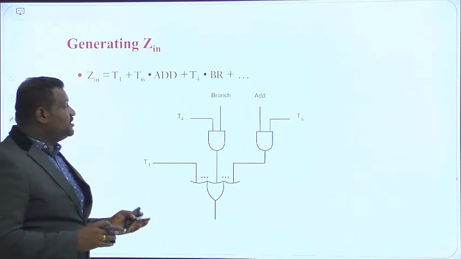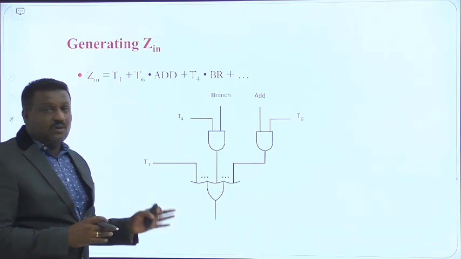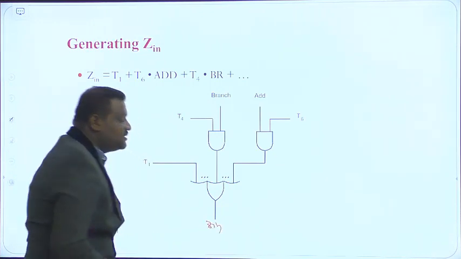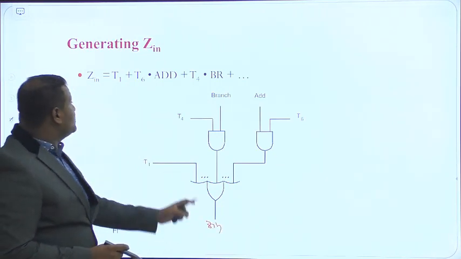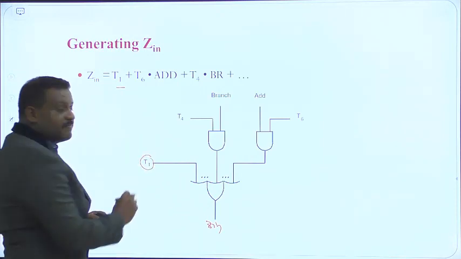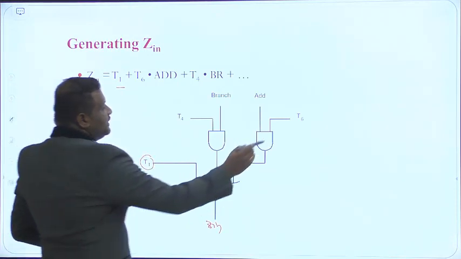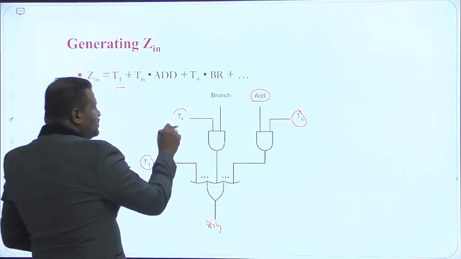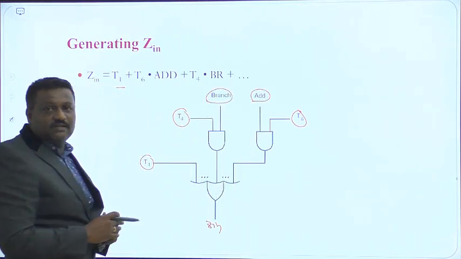So you see here, friends, this is a simple logic for how I get my Zin signal. This Zin signal depends on T1, that is this. It depends on T6 along with the add signal, and it depends on T4 along with the branch signal.